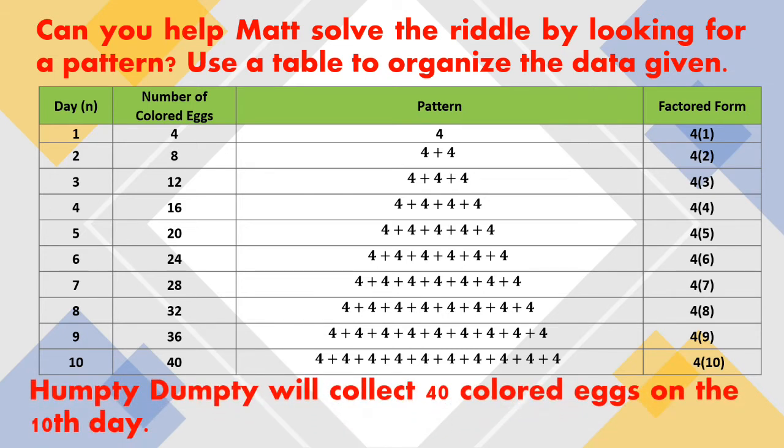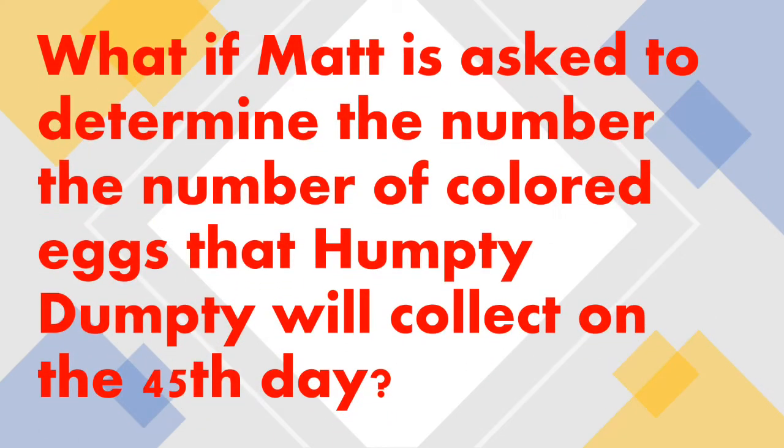So the answer to the riddle is Humpty Dumpty will collect 40 colored eggs on the 10th day. What if Matt is asked to determine the number of colored eggs that Humpty Dumpty will collect on the 45th day?